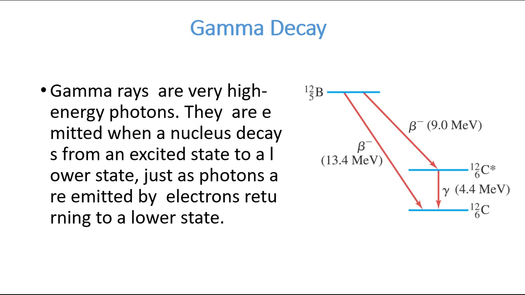When an excited nucleus comes to the ground state, it emits electromagnetic radiation, which is gamma rays. Usually, after alpha decay or beta decay, the daughter nuclei are in an excited state, and the daughter nucleus then comes to the ground state with gamma decay.